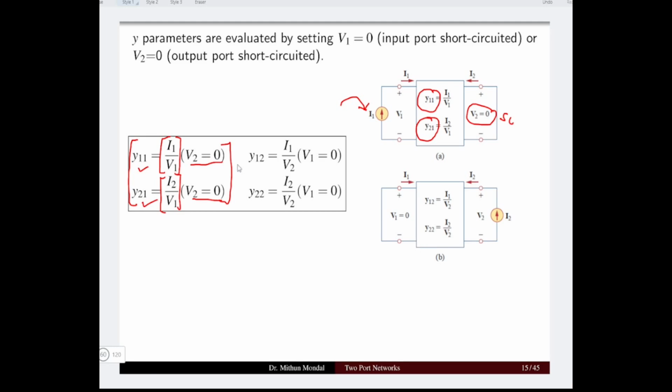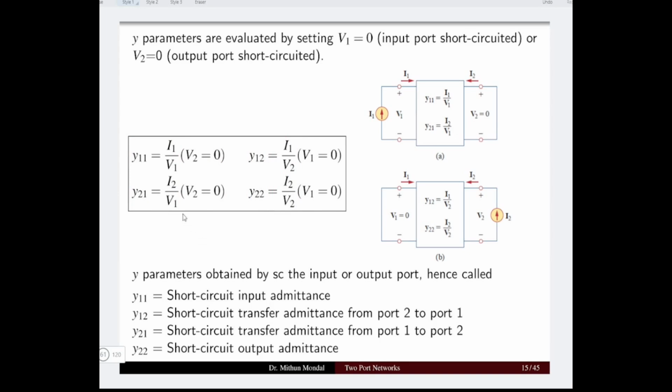Similarly, if we need to find the values of Y12 and Y22, we short circuit the input port by setting V1 to be 0, connecting the source I2 at the output port, and we can obtain Y12 and Y22 as I1 by V2 with the input port short circuited, and I2 by V2 with the input port short circuited.